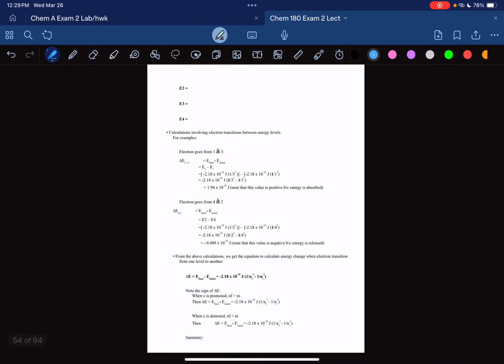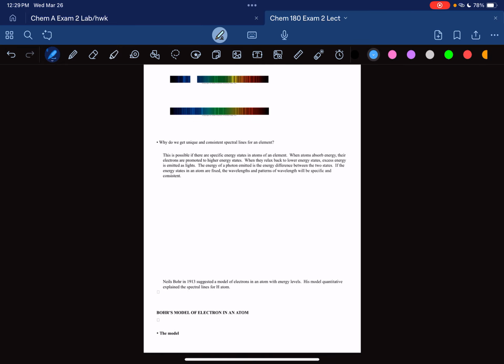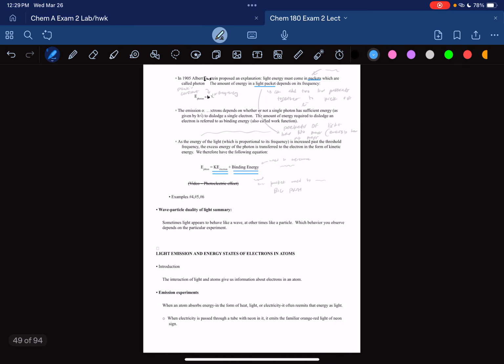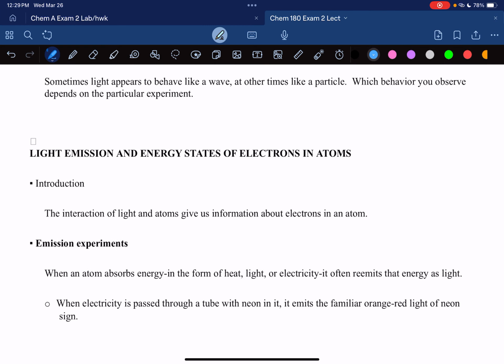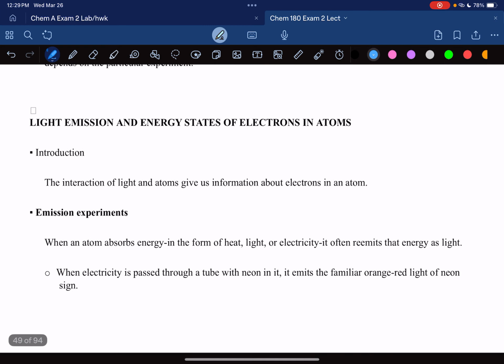You can see that in electromagnetic radiation, but at the same time it behaves like a particle, as proven by the photoelectric effect. So which behavior you observe depends on the experiment, on what you measure.